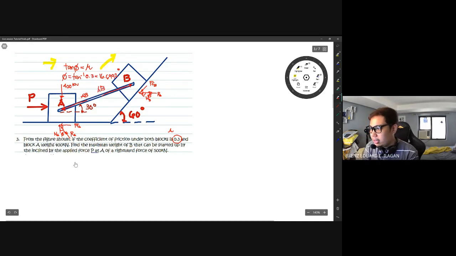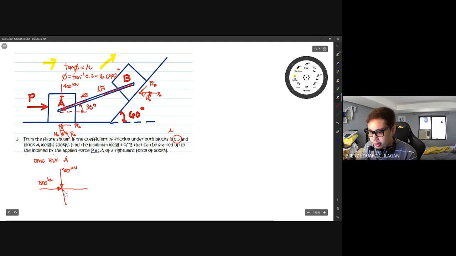Okay, so gawa lang natin ng free body diagram. So considering block A, draw the X and Y and ilagay mo yung mga forces. So again, meron ka ditong force na 400 kilonewton. And we have a force P. So given naman yung magnitude niya. So papunta daw sa kanan with the rightward force of 500 kilonewton.